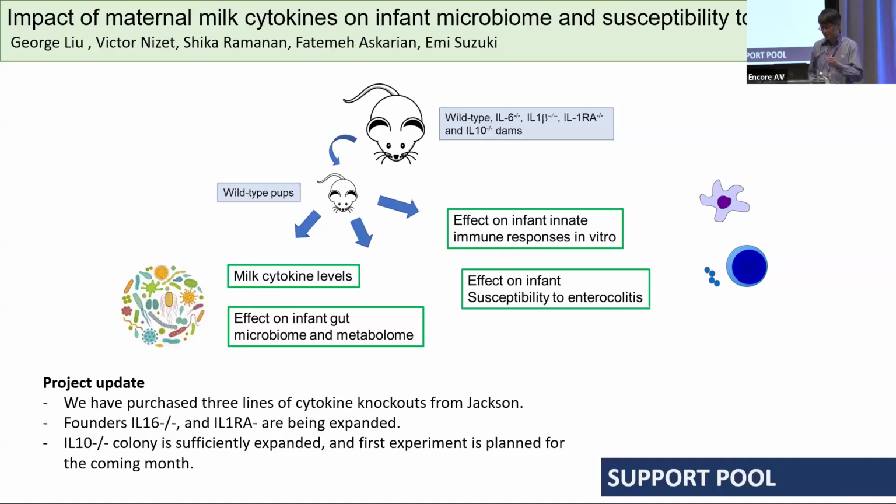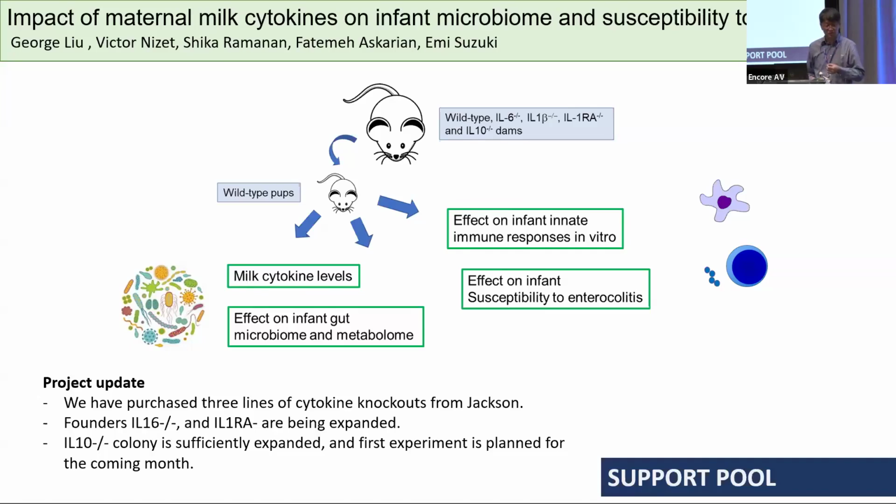To answer this type of question, we wanted to look at some of these immune components in milk. So what we are doing is a cross-fostering strategy where we take wild type pups, which are fostered by dams that are IL-6 knockout or IL-1 beta knockout, some pro-inflammatory, some anti-inflammatory. We then want to follow the effect on microbiome, metabolome, and also the susceptibility to enteral colitis, et cetera.